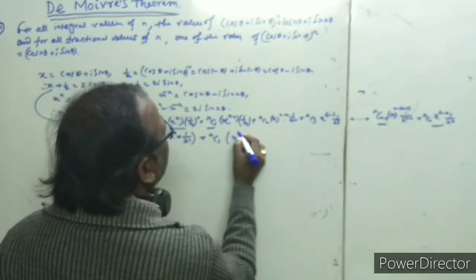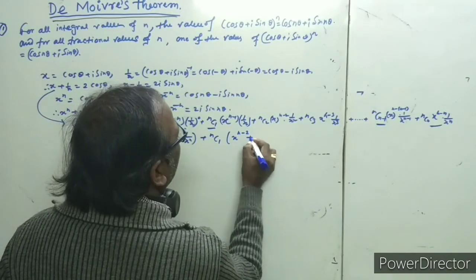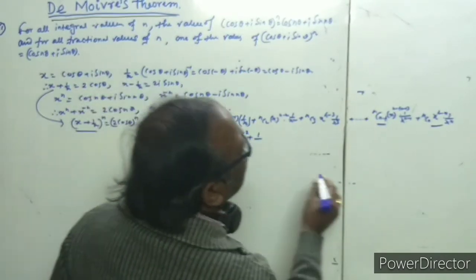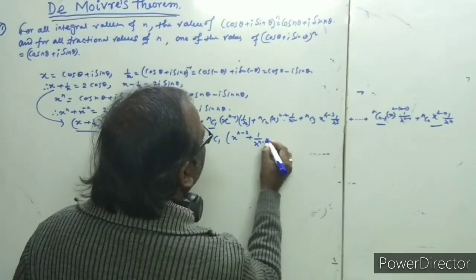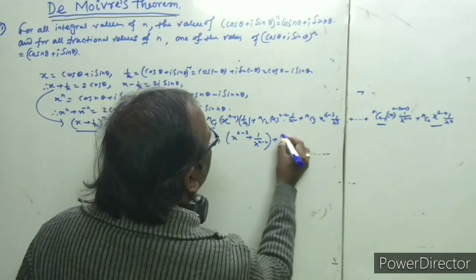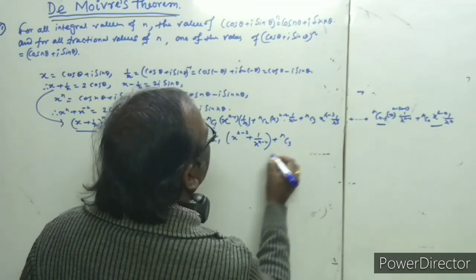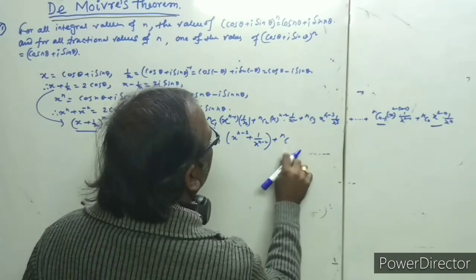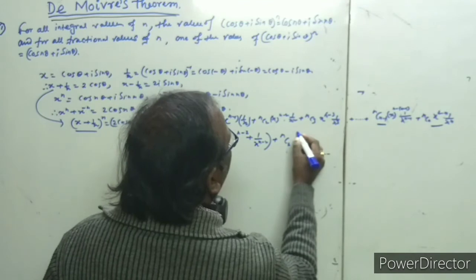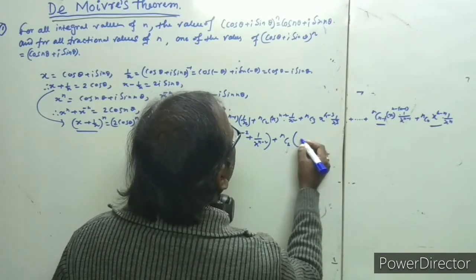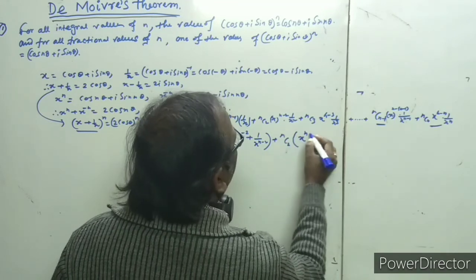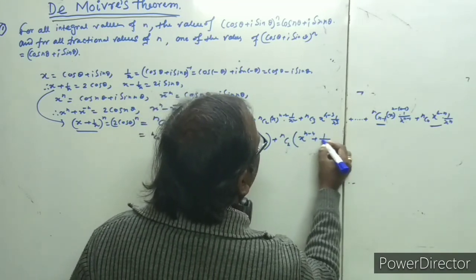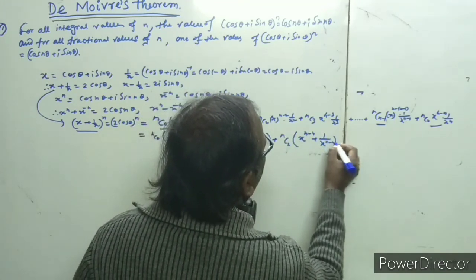So you have x^(n-2) plus 1/x^(n-2) here. So nC2, that is x^(n-4) plus 1/x^(n-4).